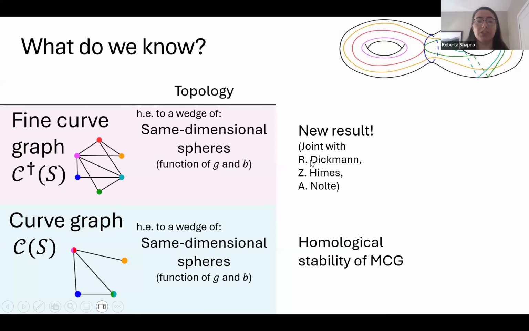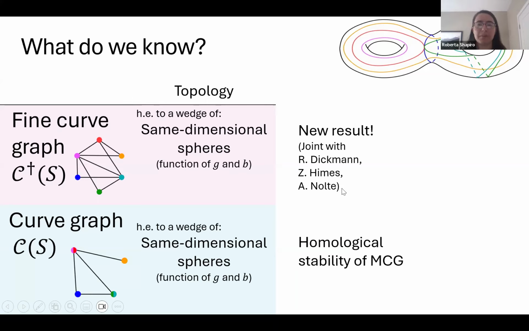Something that is a new result is actually about the homotopy type of the fine curve complex. And we actually have a very similar result that the fine curve complex is homotopy equivalent to a wedge of same-dimensional spheres. And this is a new result joint with Ryan Dickmann, Zach Himes, and Alex Nolte.